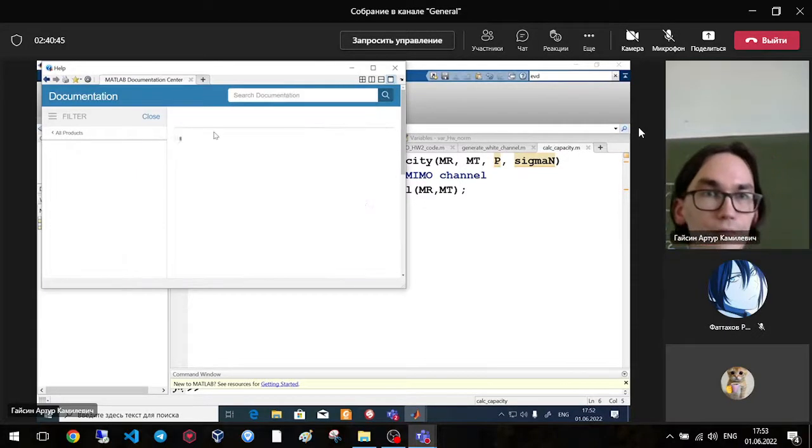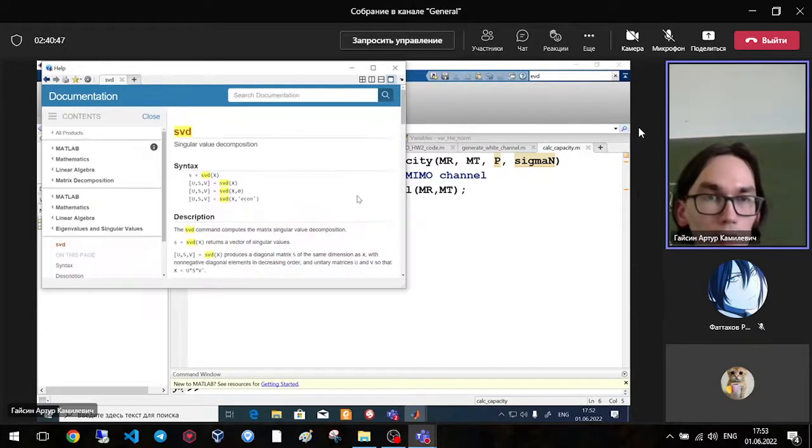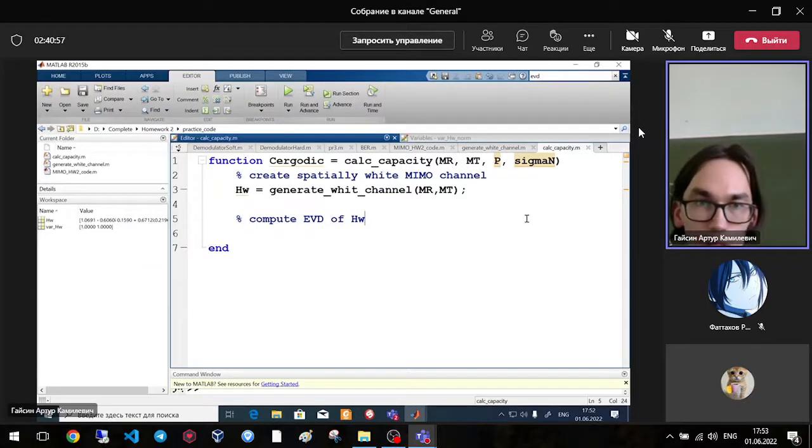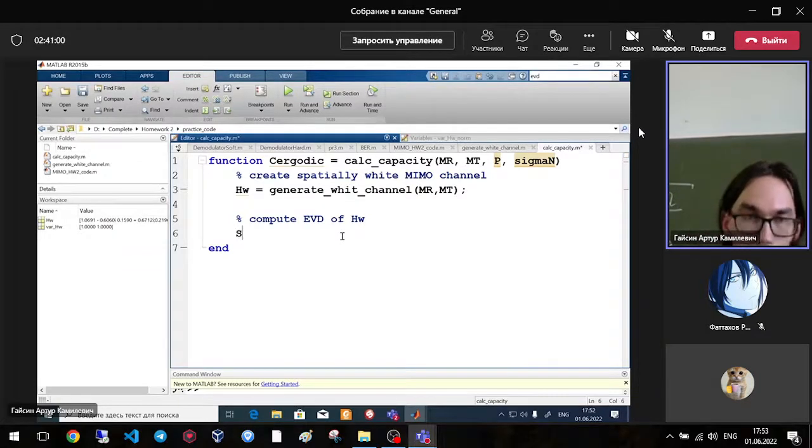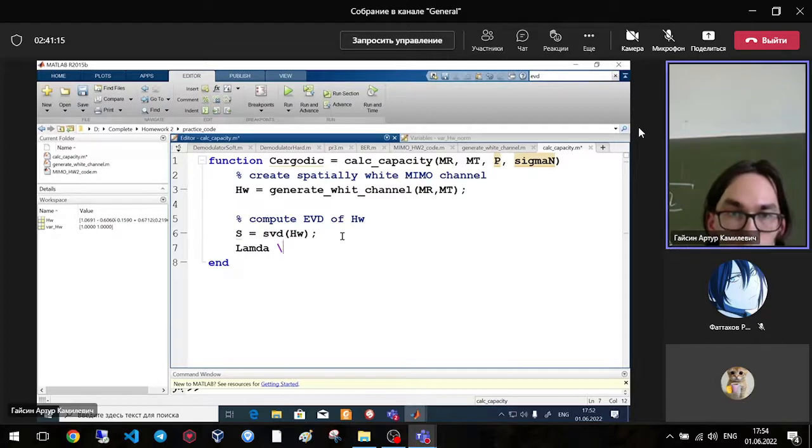So HVD. And if we write it as one symbol, we will get singular values. So matrix S is equal to the singular value decomposition of our channel. And then we recalculate it to, let's call it lambda. Lambda is equal to just S to the power of 2.